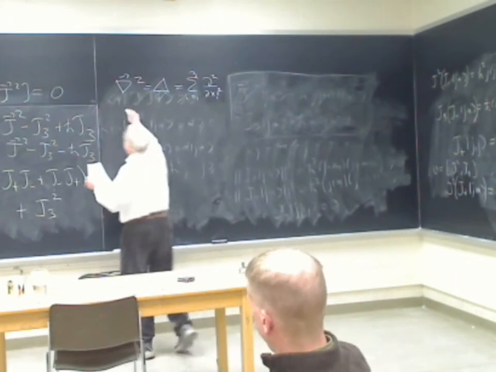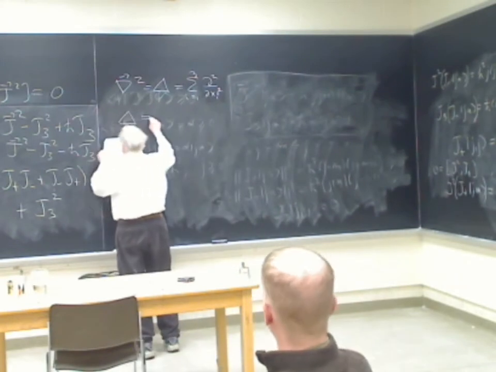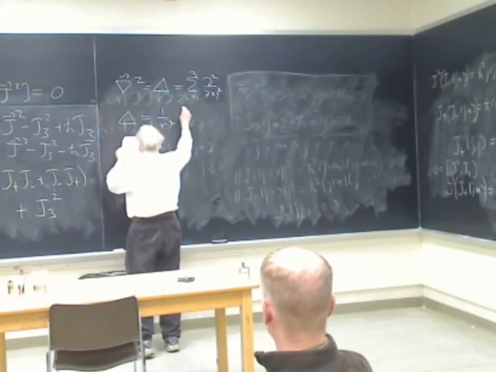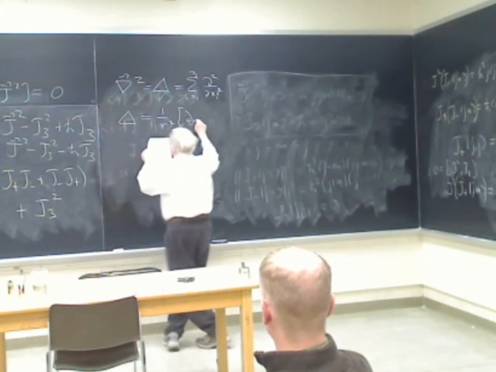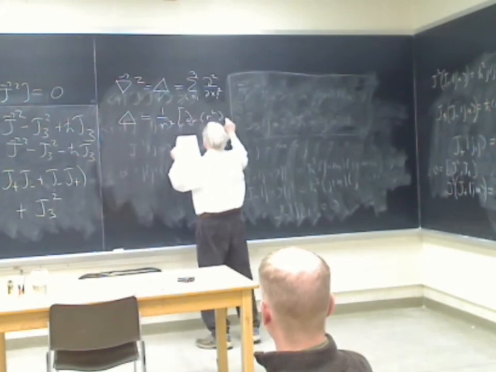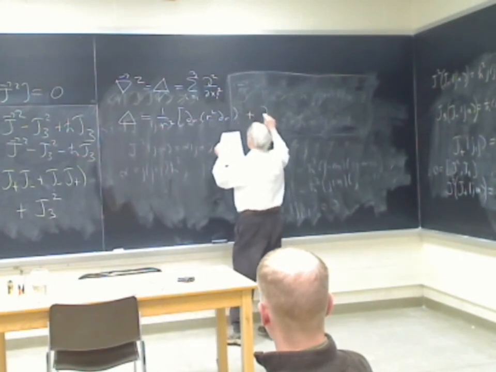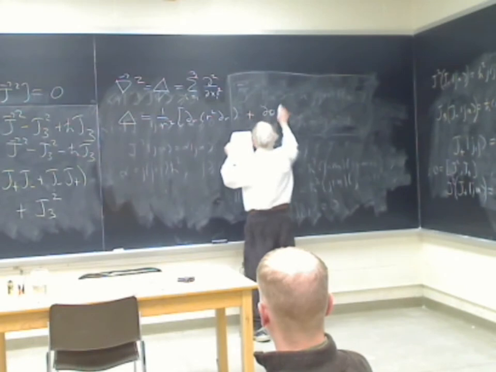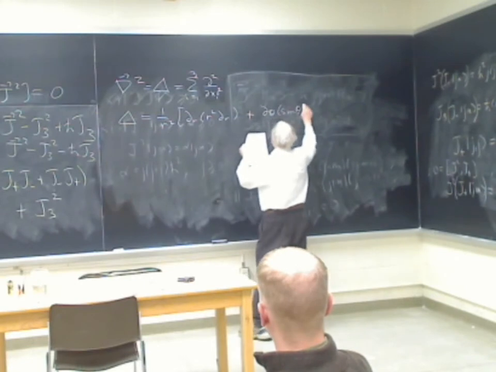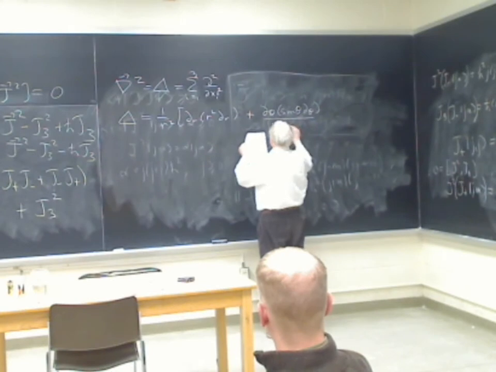Now, I'm going to just take for granted that in spherical coordinates, that's 1 over r squared d by dr, r squared d by dr, plus d by d theta, sine theta, d by d theta, divided by sine theta.